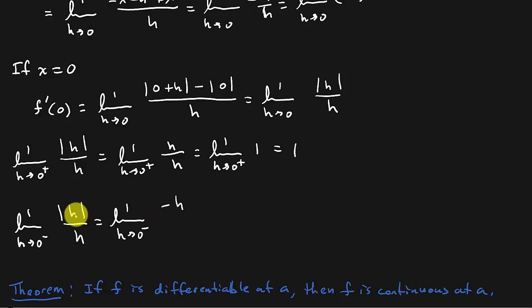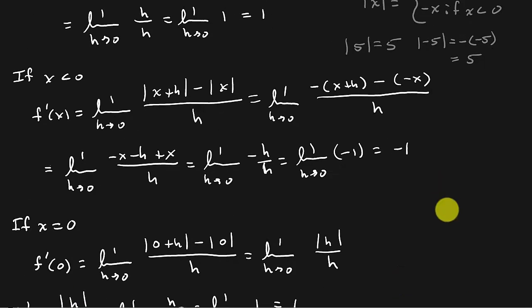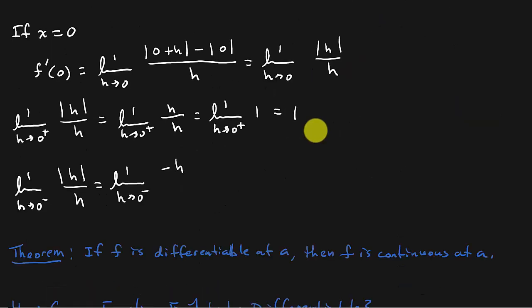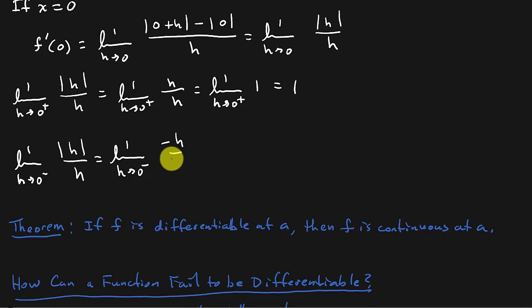Negative h, right? Remember that h is negative. So the absolute value is negative h. It goes back up to what I showed you right here. Okay. All right, and that's over h. So this is the limit as h goes to 0 from the left of negative 1, which is negative 1.